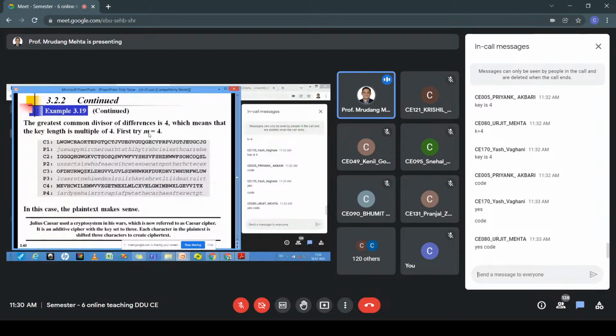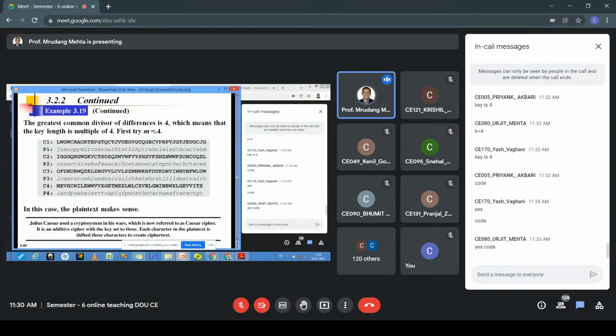Now, because key length is found, you will apply different values of key and try to find whether this 4-letter key is representing any particular meaningful word. Like in this particular case, code is the keyword. Like in the previous example, Pascal was the keyword.